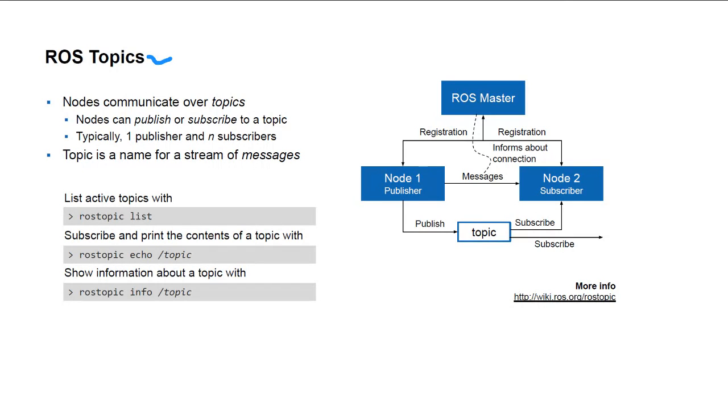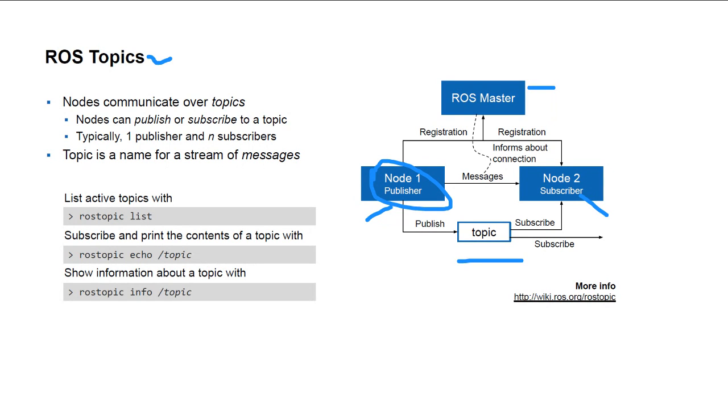Here we have nodes, one a publisher and one a subscriber, and also we have a topic and the ROS master. Nodes can publish or subscribe to a topic. It's important. Typically, you can see one publisher and one subscriber.